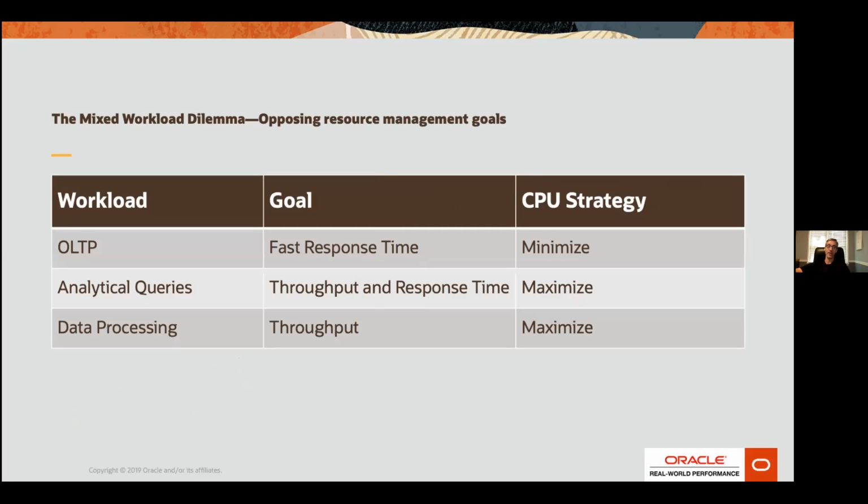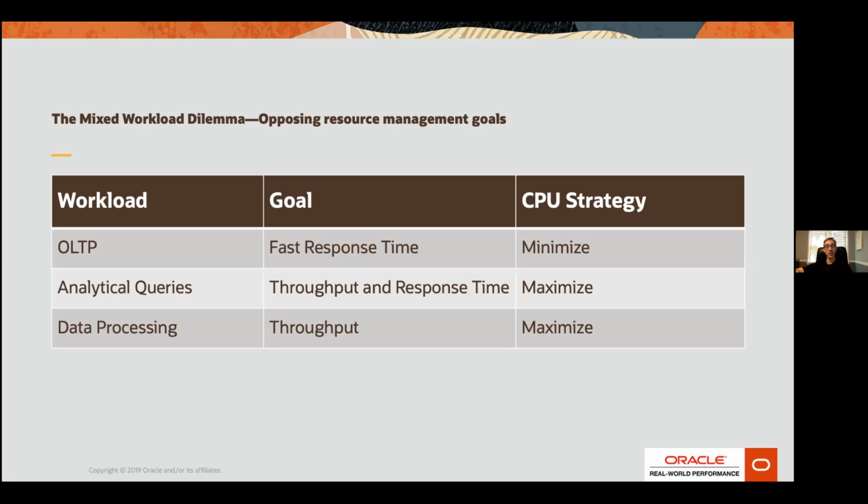So when we look at the different workloads that we just talked about, OLTP, data warehouse type queries, data loading and processing, each of those has specific goals. With OLTP, you want very fast response times. The way that we design those systems and the different tools and techniques that we use for each one varies a little bit. When it comes down to CPU, they have different CPU strategies.